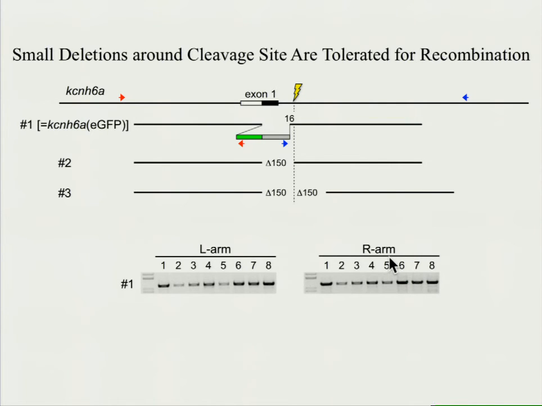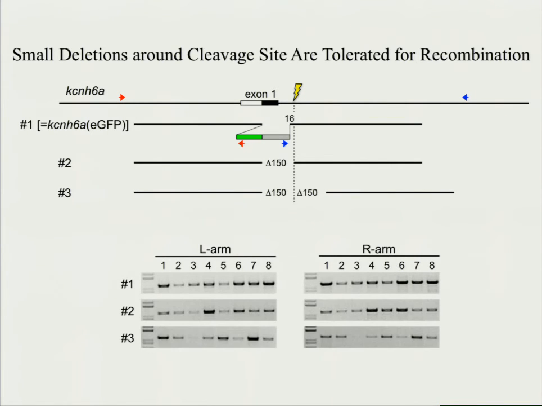Next, with the second and third donors, we could still see the recombination on both sides. The recombination efficiency did not change much from the first one, although a few embryos were less efficient with donor 3.